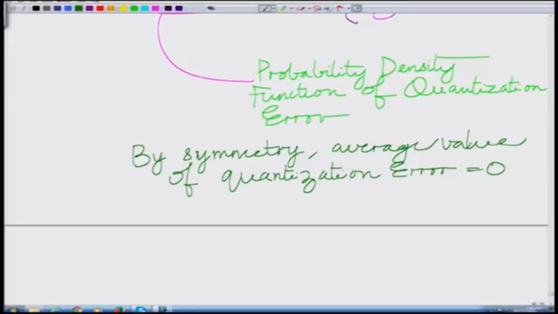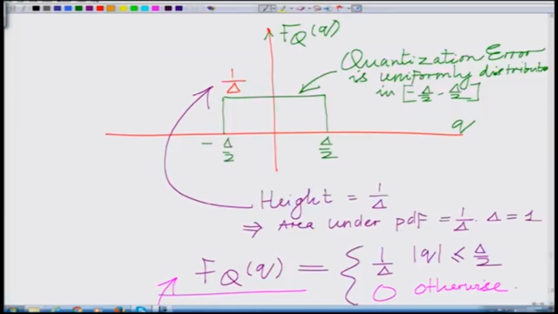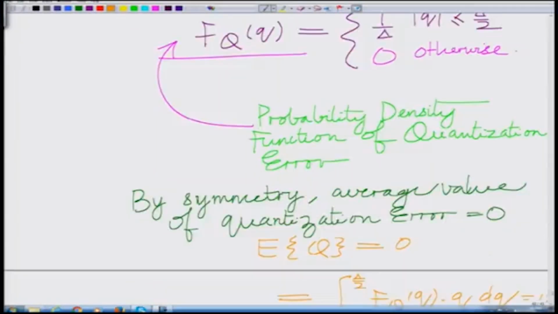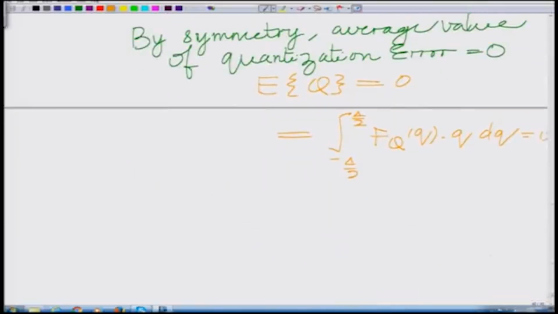That is, the expected value of q is the integral from minus delta by 2 to delta by 2 of f of q times q dq, which is equal to 0 because this integral is symmetric. So this is basically the mean, the expected value of the quantization error q.